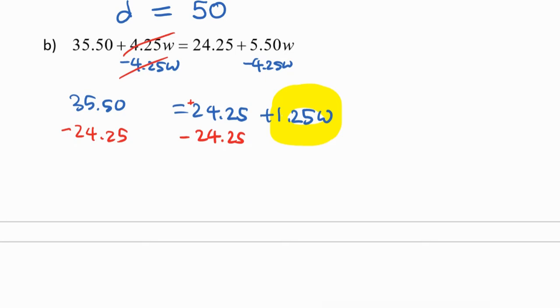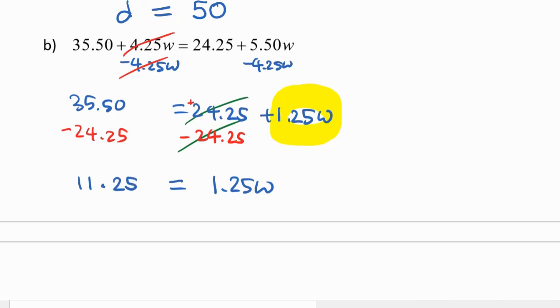Then this will be gone. What I have is 1.25w, and let's subtract. Then that is 11.25. Alright? Okay, finally, now we can isolate w by dividing both sides by 1.25.